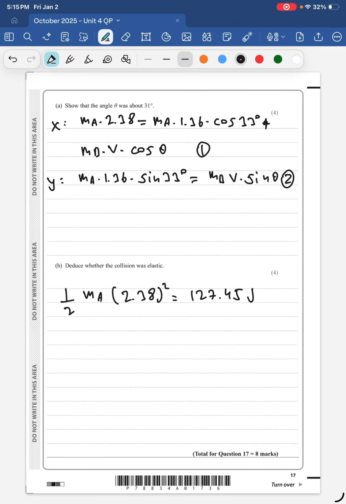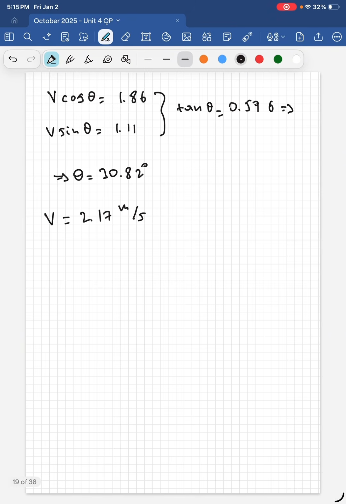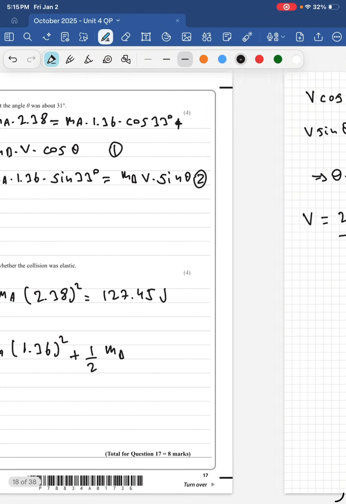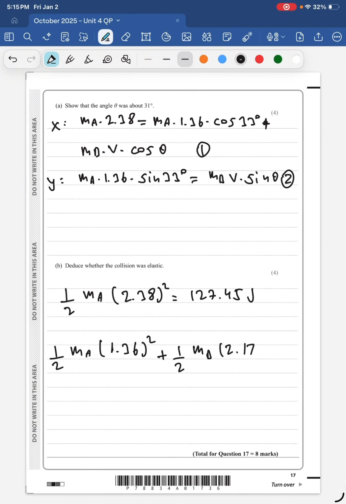And the kinetic energy after is 1/2 ma times 1.36 squared from child A plus 1/2 mb times the velocity of child B squared, which is 2.17. We found that. So 2.17 squared. If we carry the calculation, we find 112.25 joules, which is less than 127.45 joules, so not elastic.